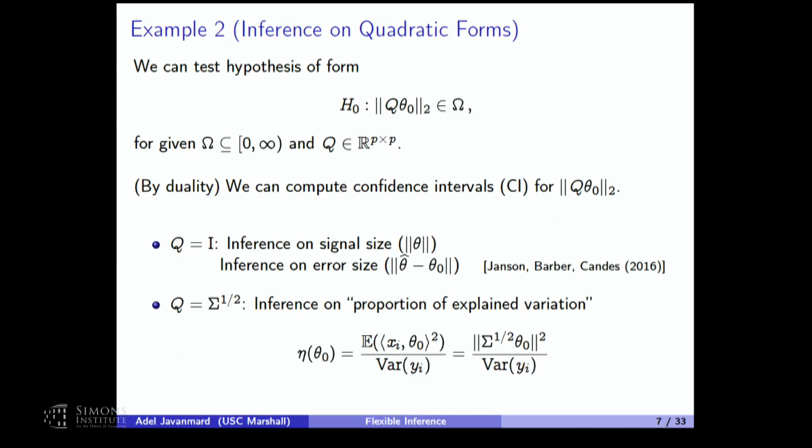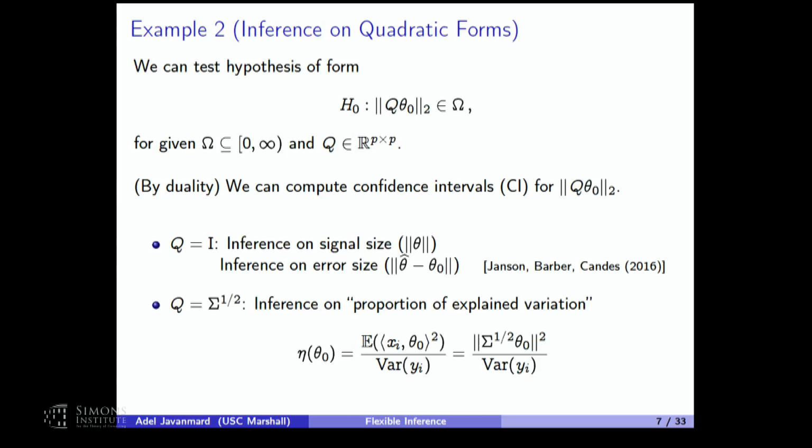The second example is, let's say you have random design. So the rows are coming from some distribution with population sigma. Now, if you take Q to be sigma to the half, then you can use this framework to do inference on the proportion of explained variation. That's the ratio of the variation explained by the signal to the variation in your response.